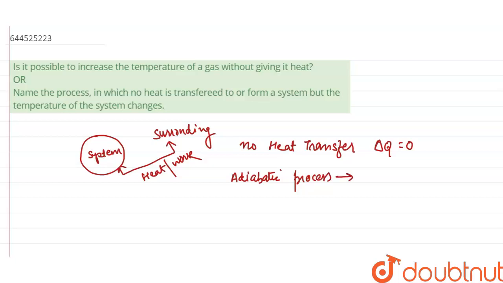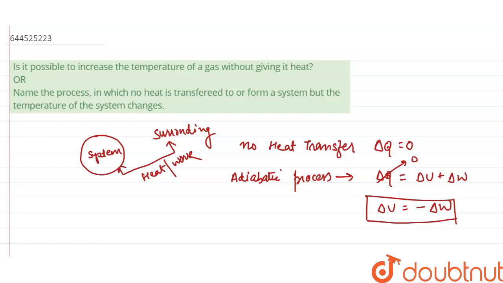Now applying the first law of thermodynamics for the adiabatic process, delta Q equals delta U plus delta W. Now delta Q is 0 for this process. That means the change in internal energy is equal to minus the work done.